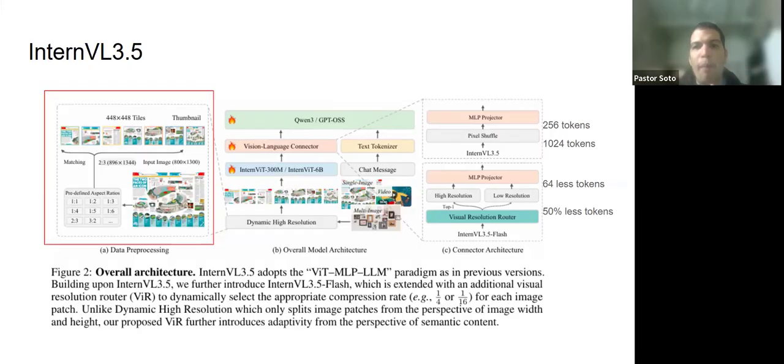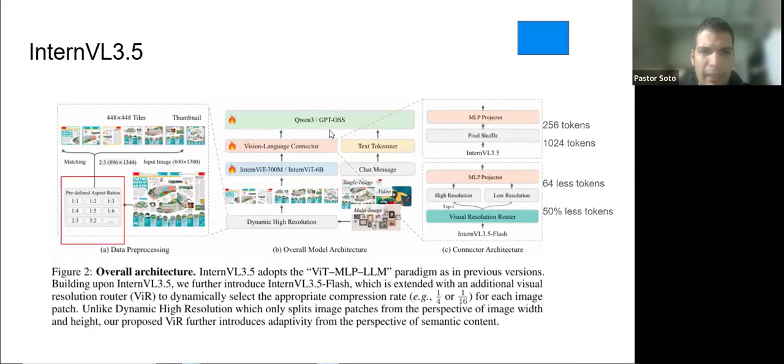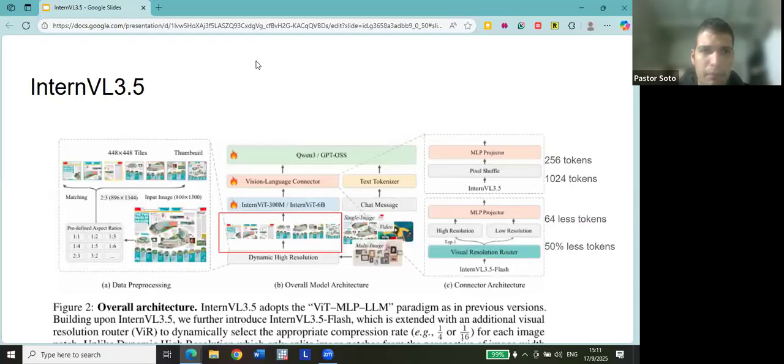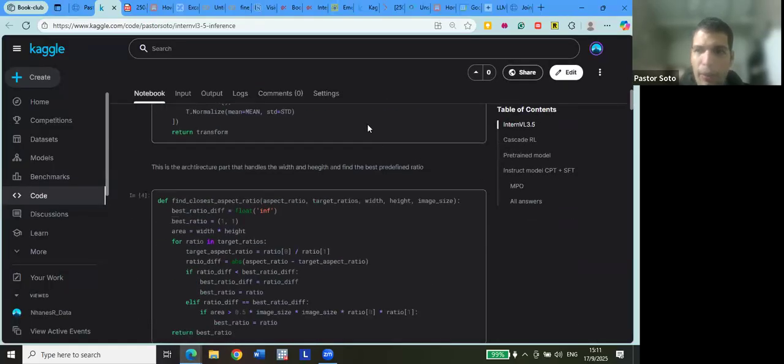So we don't process any image with its initial height and width, but we use our predefined height and width, based on what they did. Let me show you what I mean by that in this notebook. Okay, so can you see the notebook, right?